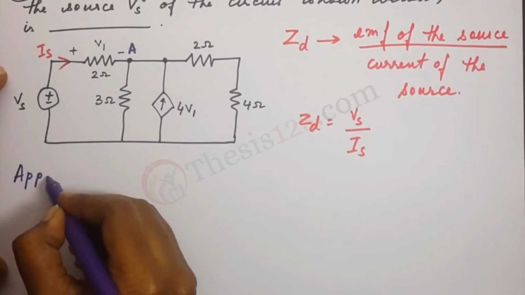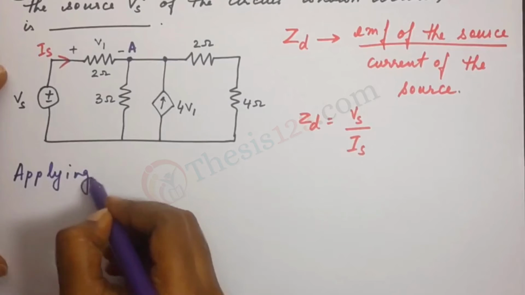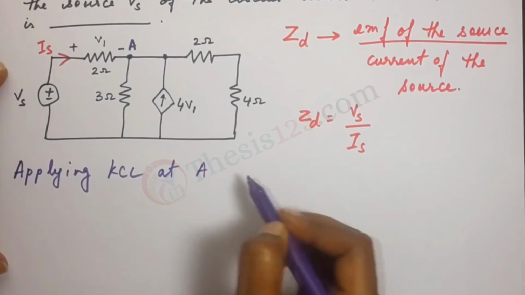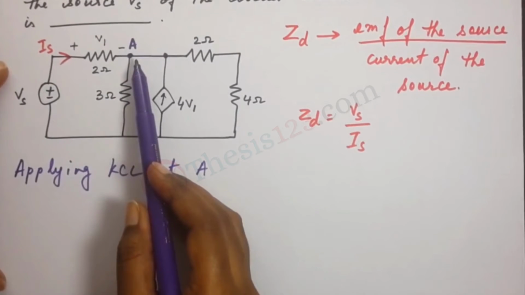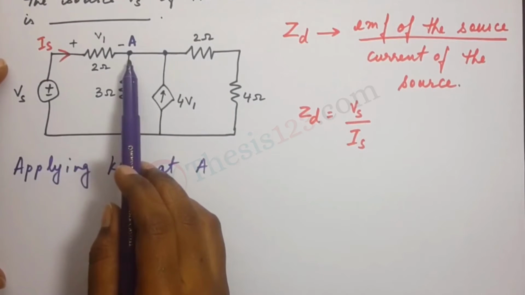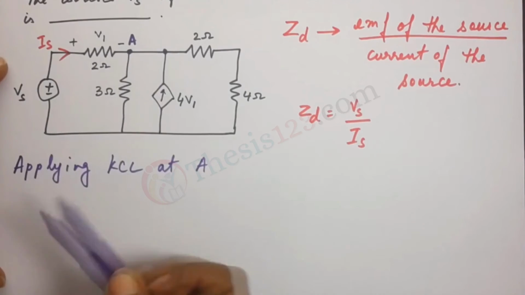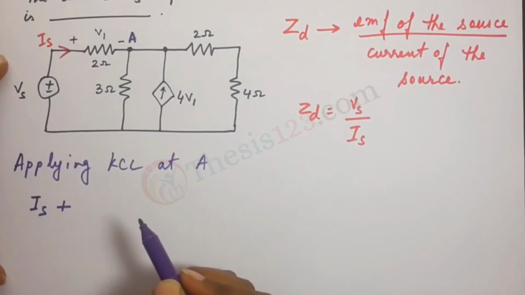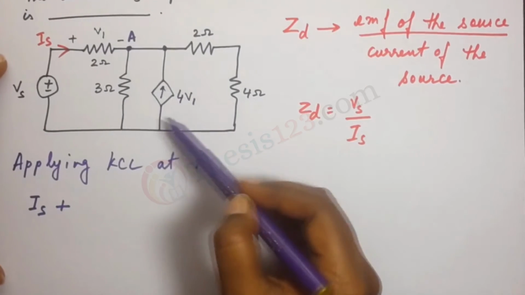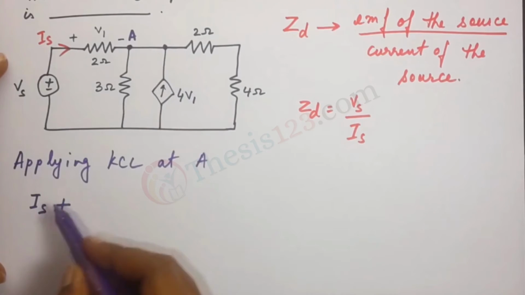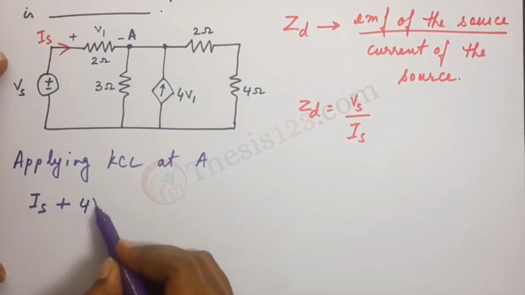So applying KCL at point A. Okay, let's see. Now, if we apply it at point A, we see that Is is through that branch there, Is plus. Now here we have a current source and the direction of current is upward, therefore it would be plus 4V1.